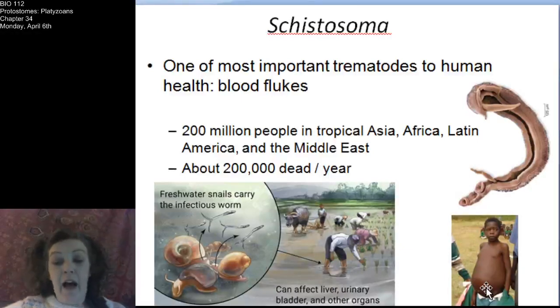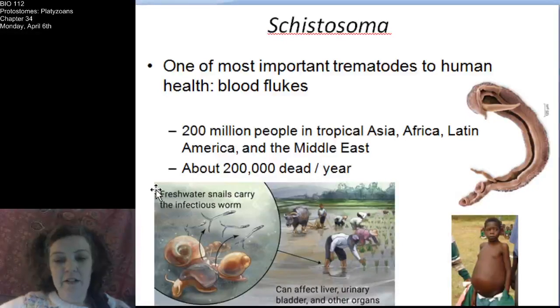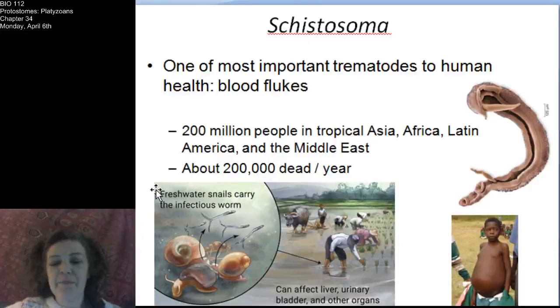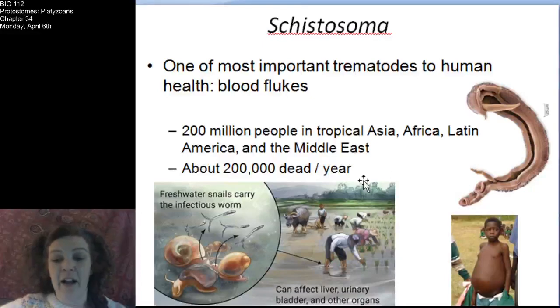So how do they get into you? Well, once again, snails. Man, snails. What is the deal with snails, right? So basically, when you have lack of sanitation, in an area that doesn't have great sanitation, you can have snails that have the infectious worm inside them.